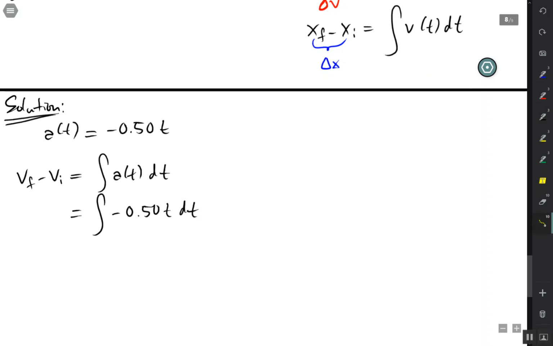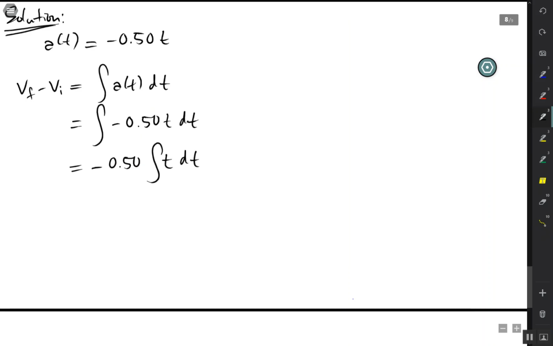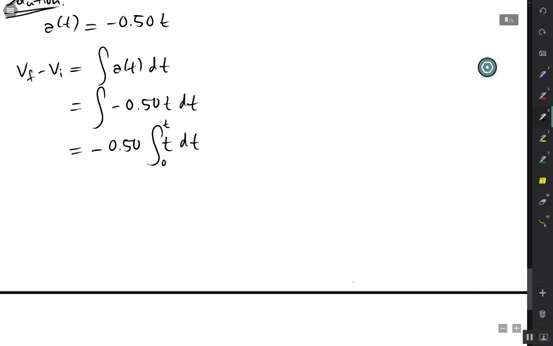You'll notice that this is actually constant, so it's not changing with time. I can take it out. And that gives us the integral of t dt, and we're going to put limits on this from 0 to t. Makes it kind of intuitive.